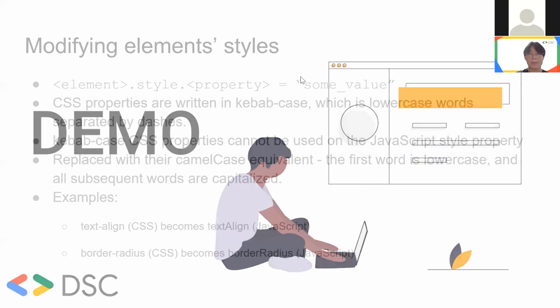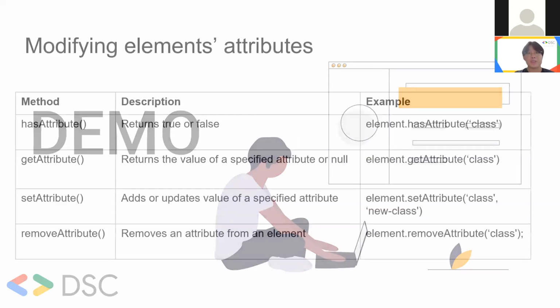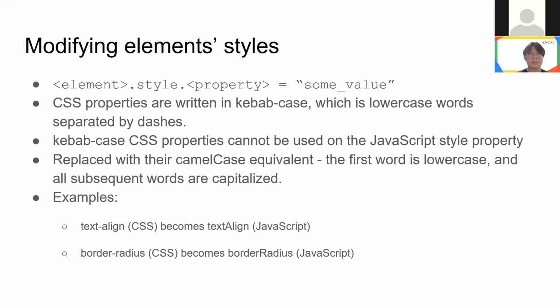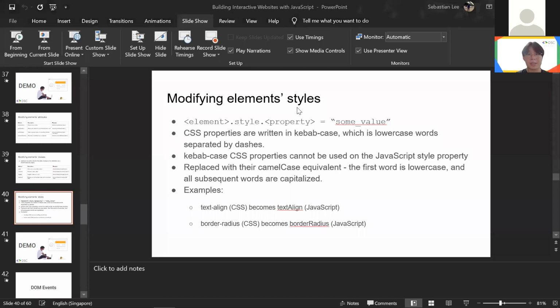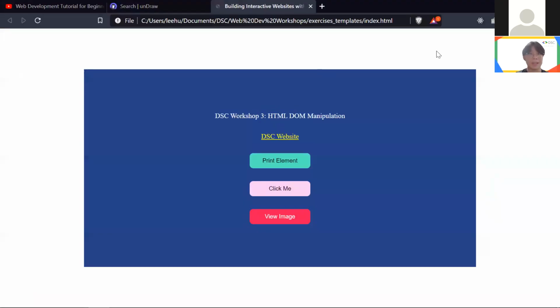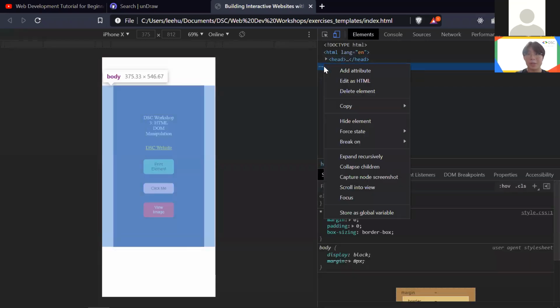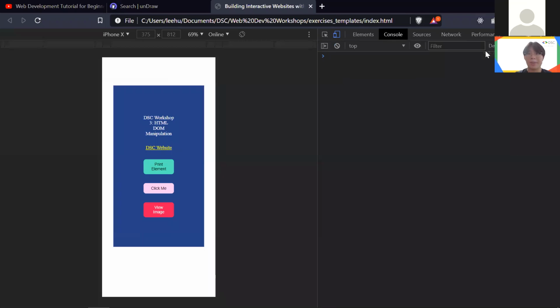So to quickly recap, I can modify elements' attributes, classes, as well as styles. So in this case, let's say I want to modify the style of this body over here, and add a background color to it.